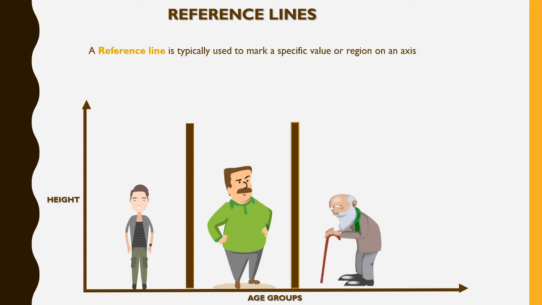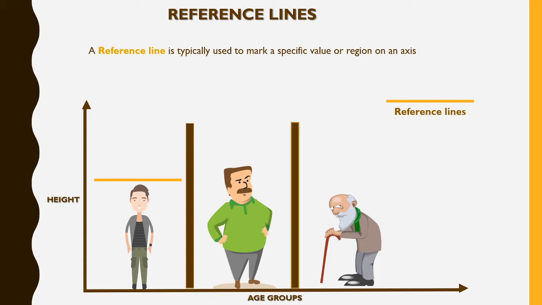So what we basically want to do in this analysis is check what the average height of each age group is, and analyze whether the average height of each age group is equal or unequal. We will find this with the help of reference lines. First of all, I created a reference line for the age group of youngsters.